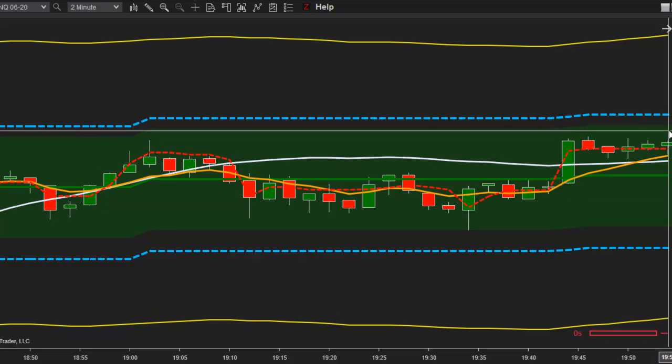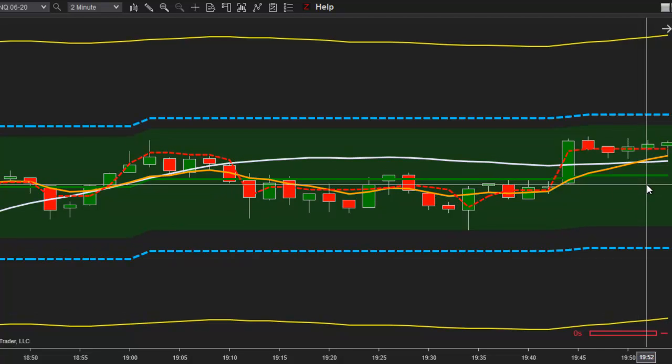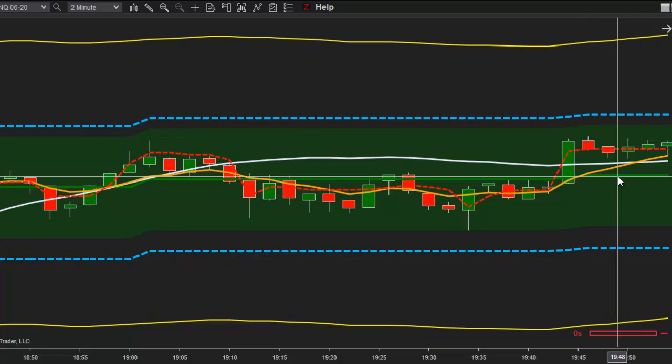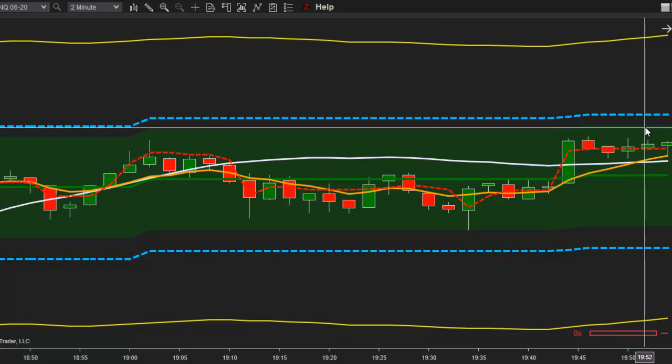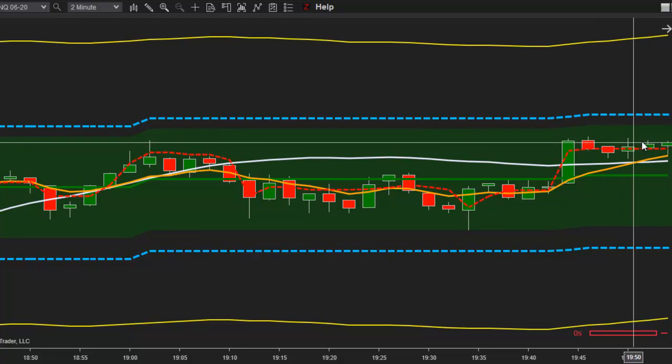That would be a good bar for some run to here, or again, whatever market tells us. However, look how many bars are above the middle line, and they never push this green up. So something's saying that, hey, there's no power to go long.